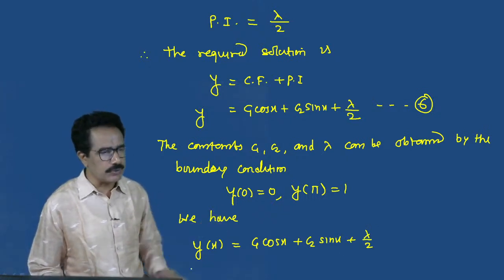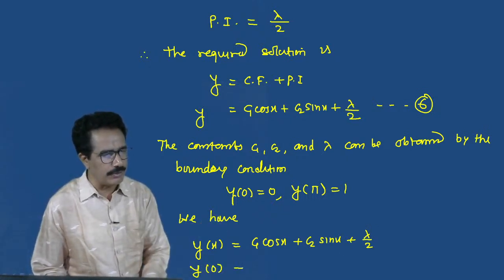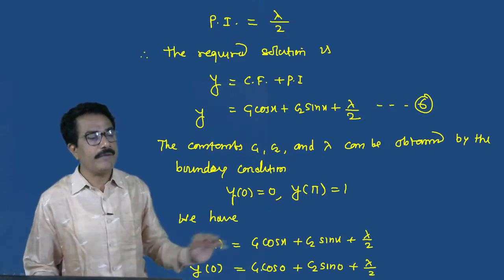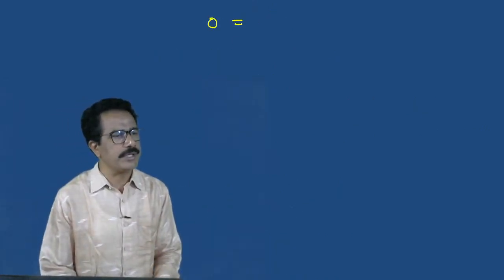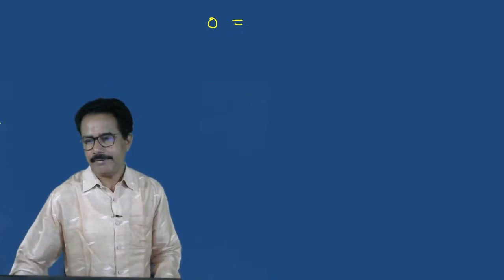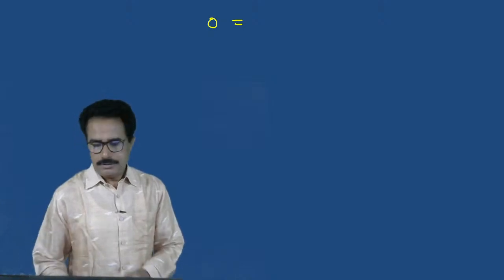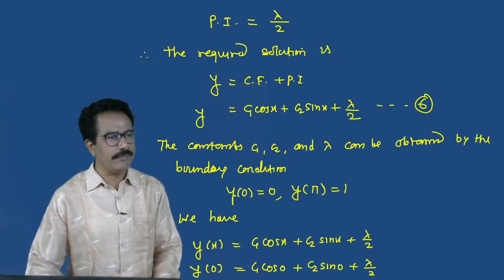Put x is equals to 0, so y of 0 is equals to c1 cos 0 plus c2 sin 0 plus lambda by 2. Then y of 0 is also 0, so we can write 0 is equals to... now you tell me student, what is the value of cos 0?